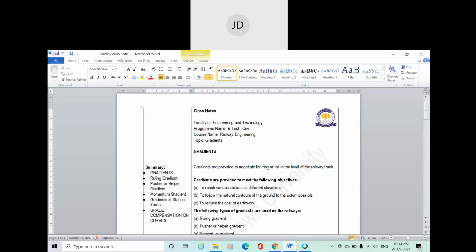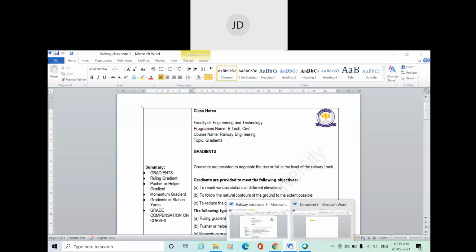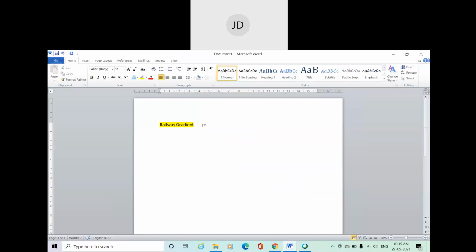Don't confuse gradient and camber. Gradient is a longitudinal slope, and what is camber? Camber is the transverse slope provided in a highway. So the directions of providing the slope are different. But both are slopes only.